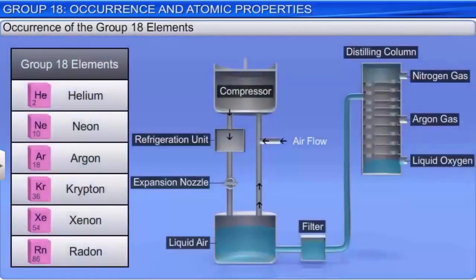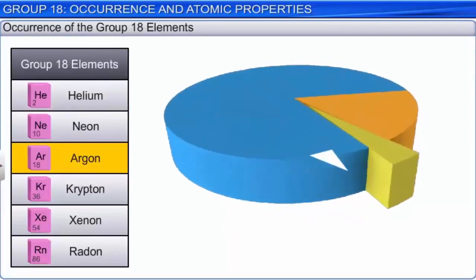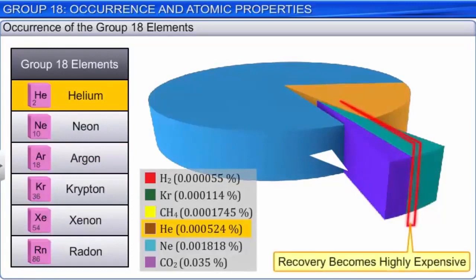As argon is quite abundant in air, it can be obtained from liquid air by fractional distillation. On the contrary, since helium is scanty in the atmosphere, its recovery from air would become highly expensive.